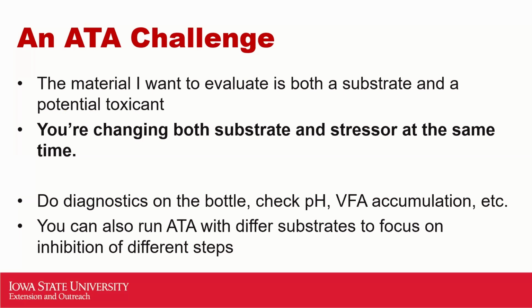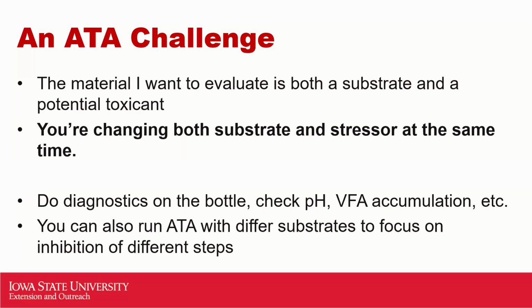The other thing I want to definitely point out is that if you do have things that fail, where they make very little gas, you should be trying to diagnose why. A few things I like to do on that is check for pH, check for VFA accumulation. We have run some of these, especially with a substrate like glycerin, where it breaks down really fast.